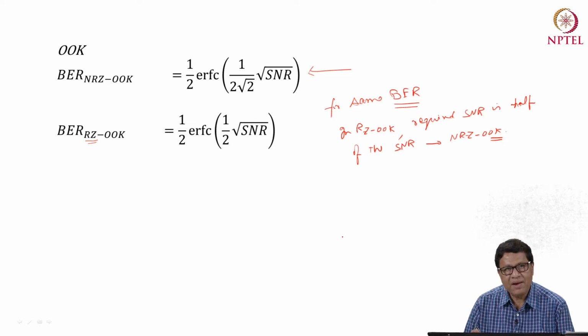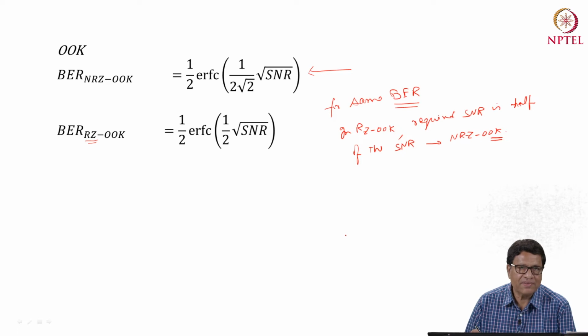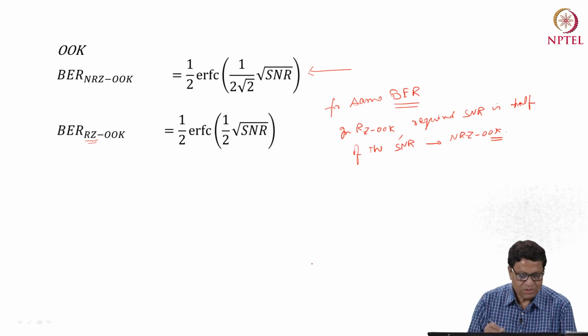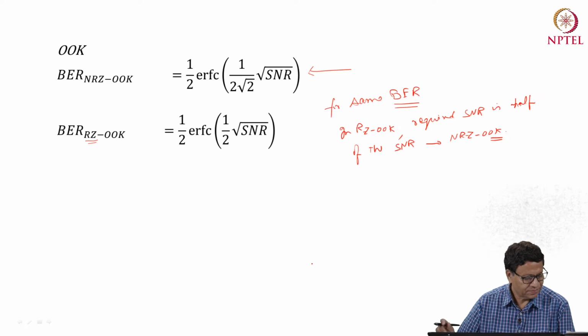Whereas the bandwidth requirement for RZ OOK is higher as compared to NRZ OOK. So in some sense, RZ OOK has good power efficiency, but bandwidth efficiency is poor. Similarly, the other way around for NRZ OOK, it is good bandwidth efficient, but the power efficiency is bad as compared to RZ OOK. So these are the two expressions for NRZ and RZ.